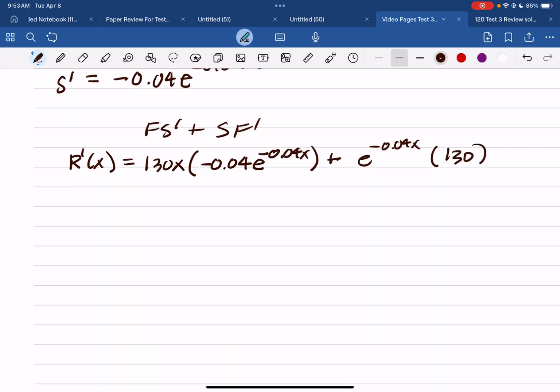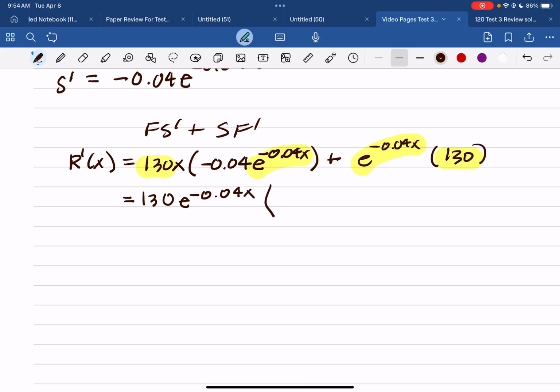Now I'm going to clean this up a little bit. I notice they both have 130 as a coefficient, and they both have this e factor as well. So I'm factoring out 130 e to the negative 0.04x.